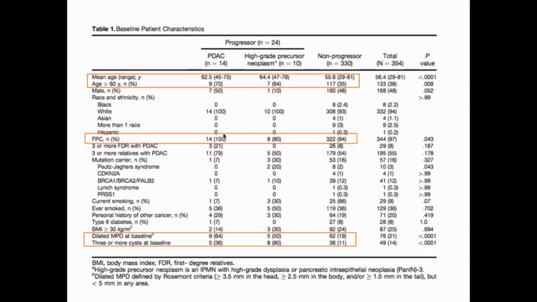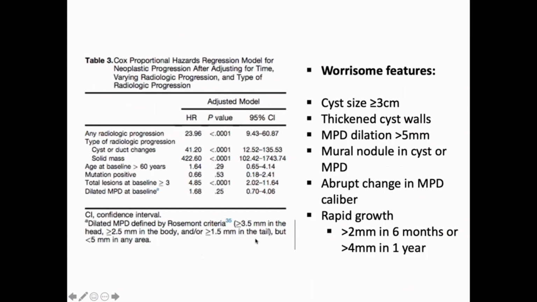Again, the focus is that they have high familial risk and are from familial pancreatic cancer kindreds. The high-risk features on imaging that were statistically significant were dilated main pancreatic ducts and multiple cysts.